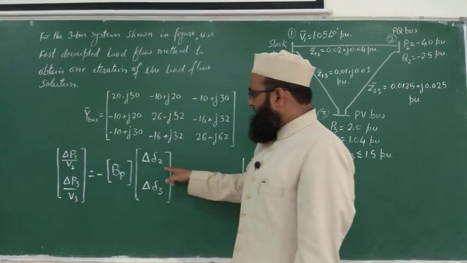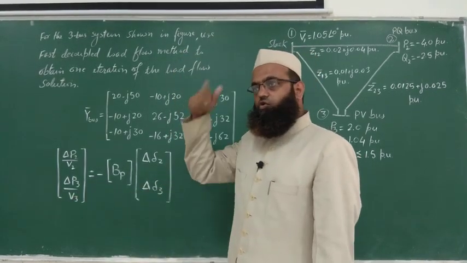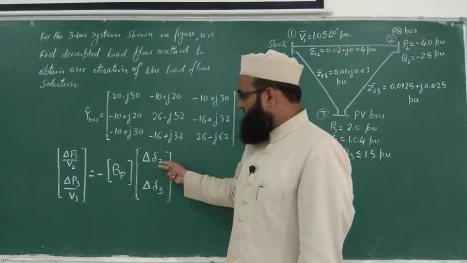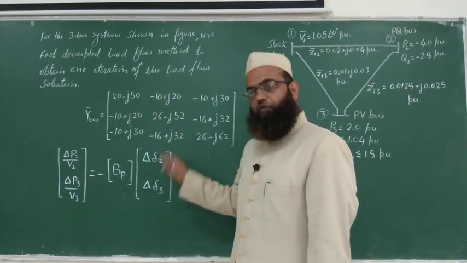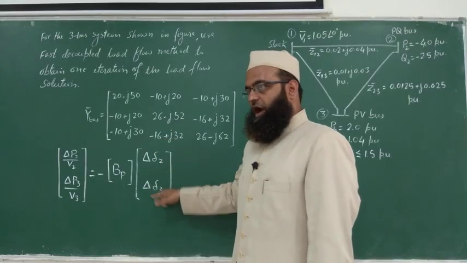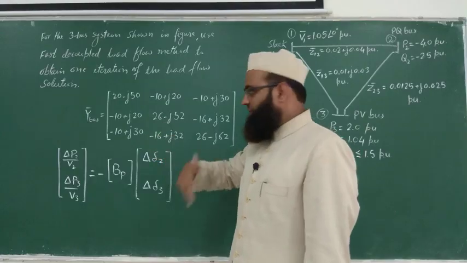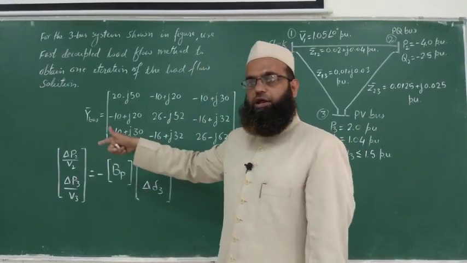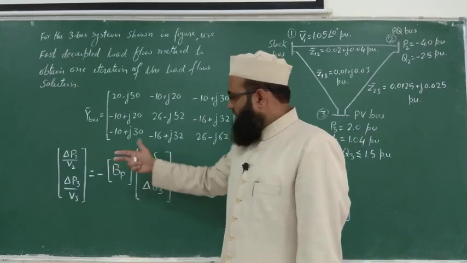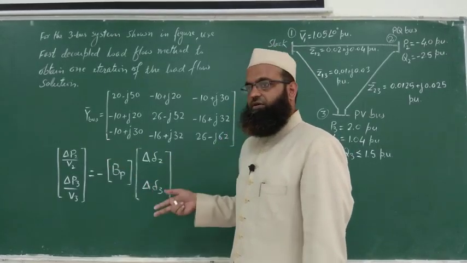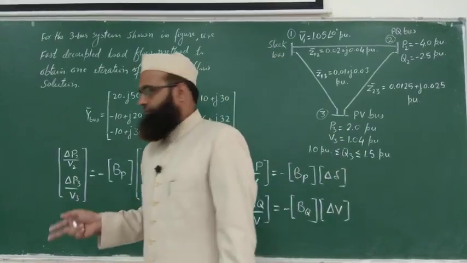So you will update delta 2 as delta 2 1 is equal to delta 2 0, which you have assumed, plus this. Similarly for delta 3 1 will be equal to delta 3 0 plus this, and so on. Now again you will evaluate this, substituting the delta 2 1, delta 3 1, and so on, right? So it will be easy for you to evaluate the variables in every iteration.